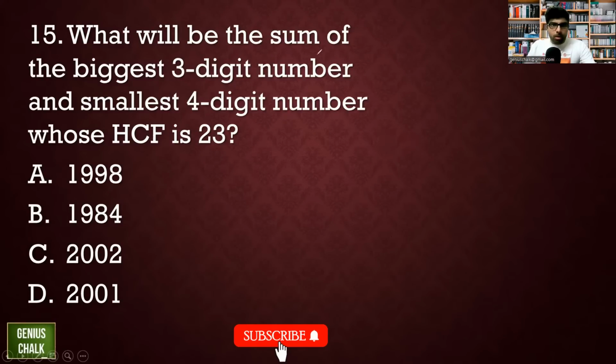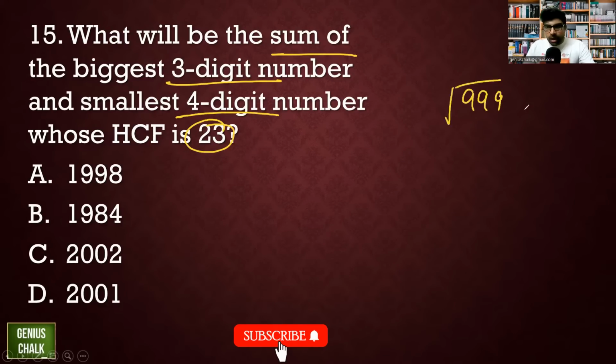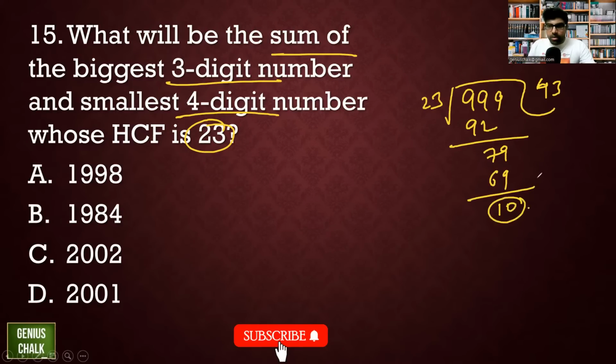The next question: the sum of the biggest 3-digit number and the smallest 4-digit number whose HCF is 23. So the biggest 3-digit number is 999. If you divide it by 23, 23 4s are 92, it will be 79, 23 3s are 69, and the remainder is 10. So the number has to be 989. As 10 is the remainder, if I subtract this, it will be completely divisible.